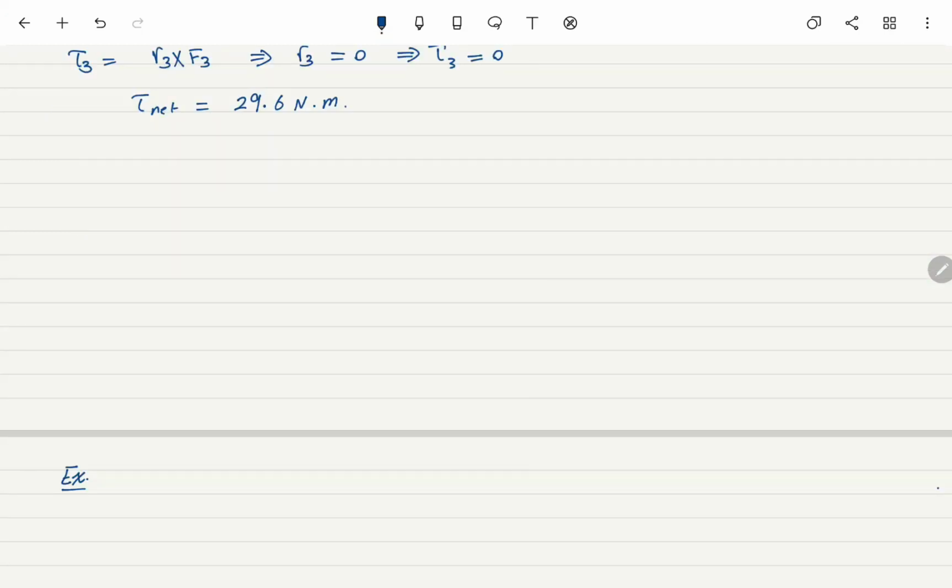Now let's define moment of inertia. Moment of inertia is defined as I equal to mr square, and in this case m is the mass of the particle and r is the distance from the axis of rotation.